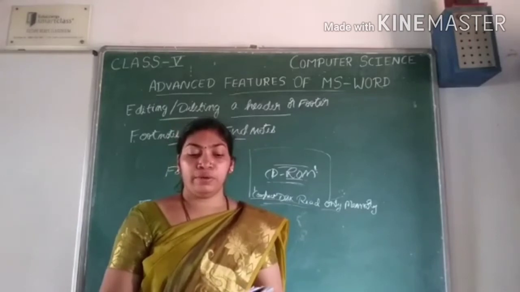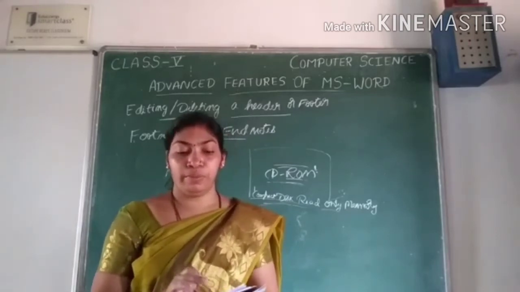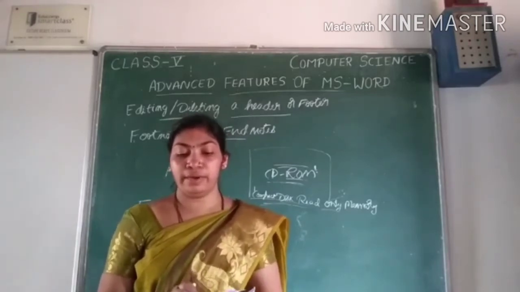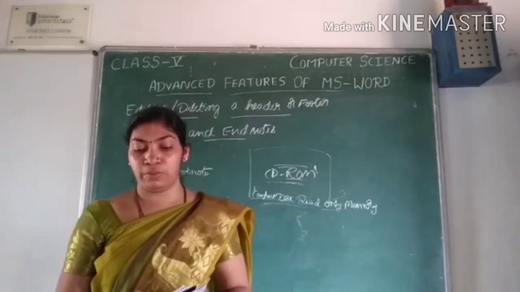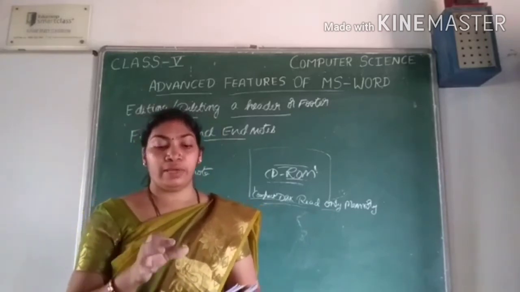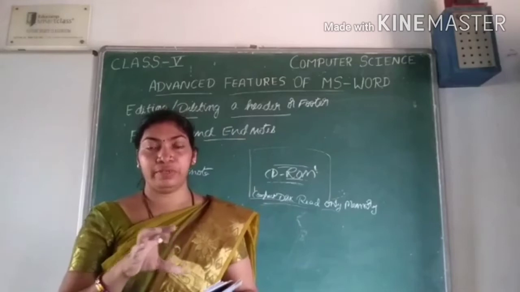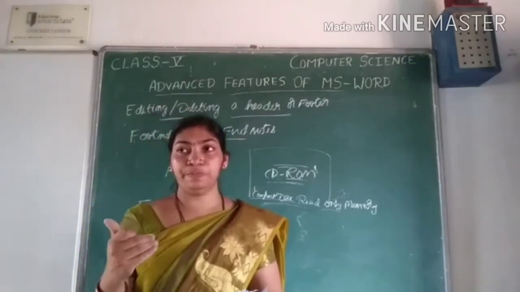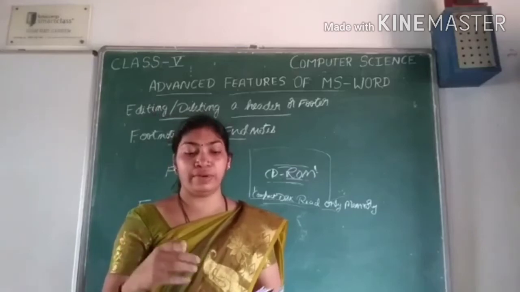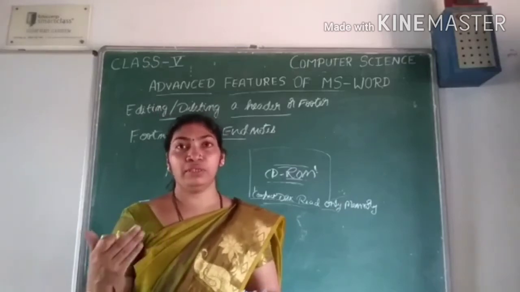Endnotes are also used to mark a quotation or content and link it to the endnote text at the end of the chapter, section, or document, mentioning the author's name or source document. So there is a quotation or content in a document, and this quotation or content is linked to the endnote, and this endnote is usually at the end of the chapter.